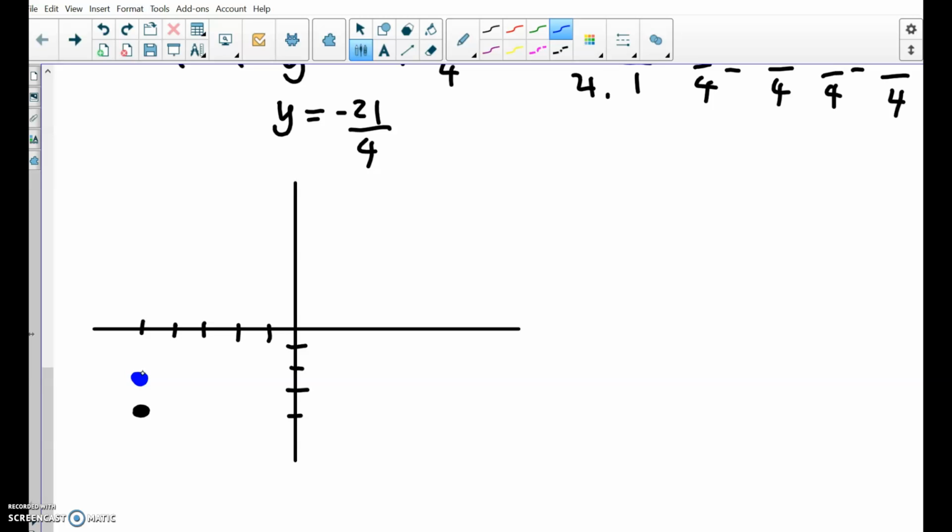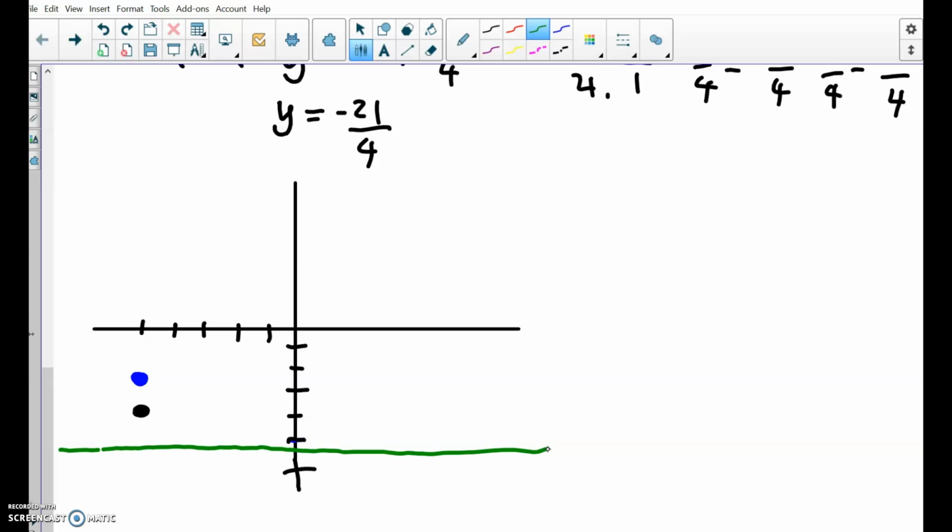Okay, the directrix is at -21/4, so at 5.25. Okay, and then we need to put in the parabola.